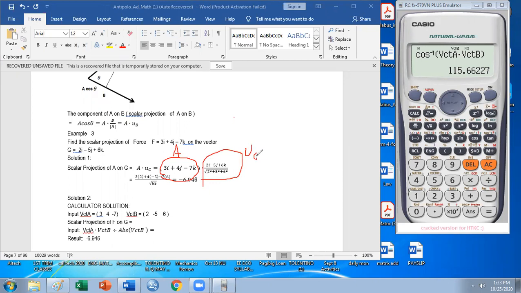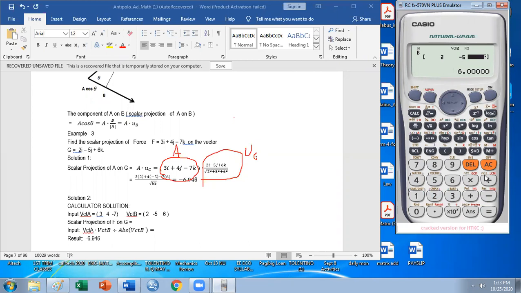With the calculator, it's easy. Same thing: Mode 8, 1, 1. Input the vectors: 3, 4, -7. And then define vector B as 2, -5, and 6.